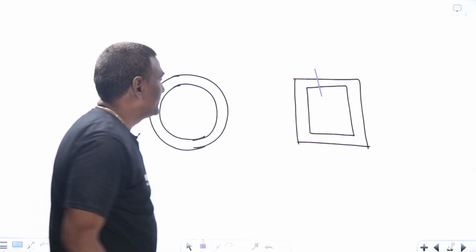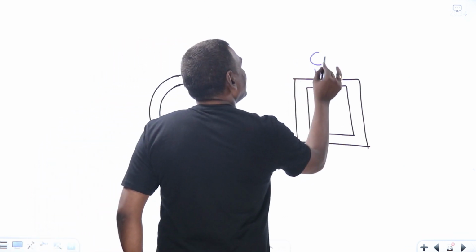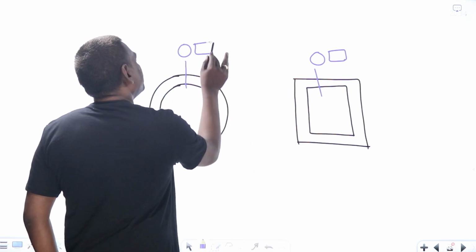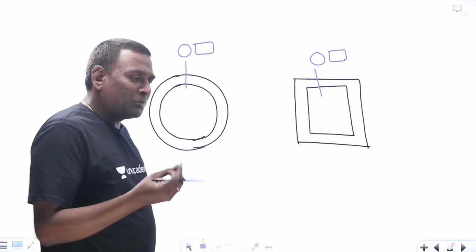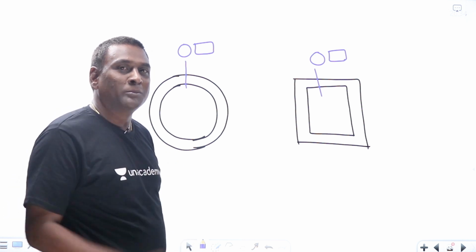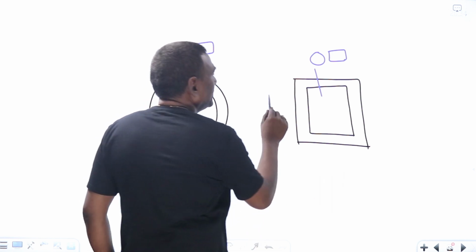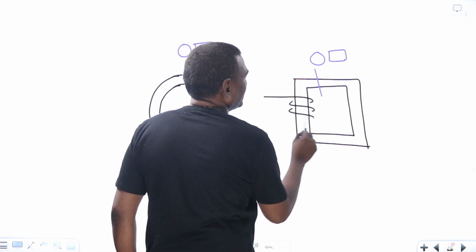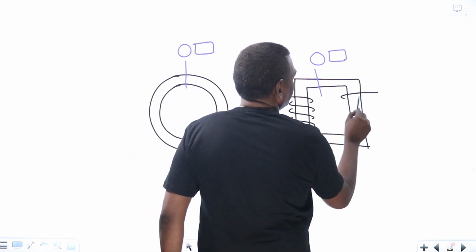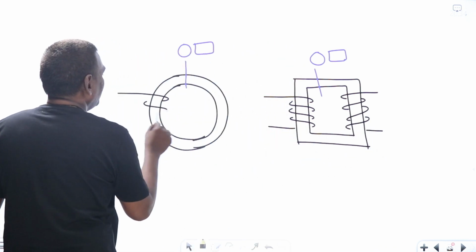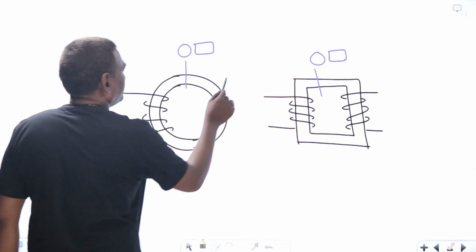Let us see, this can be circle or this can be square. What is the process of manufacturing a transformer if you see? If we see windings, we may think windings are going to be like this, or why can't windings be like this?